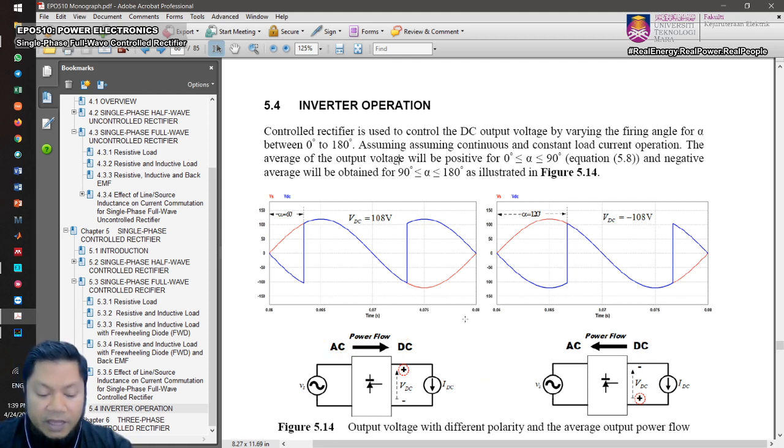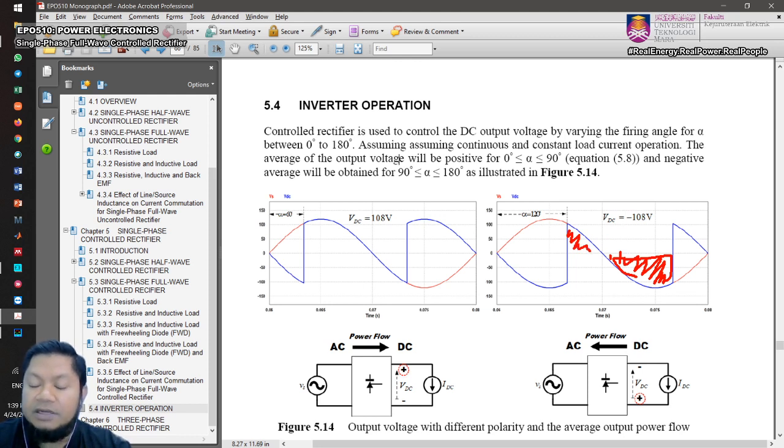However, in the case of alpha from 90 degrees to 180 degrees, if you look at the waveform now, you have more negative area compared to positive area.